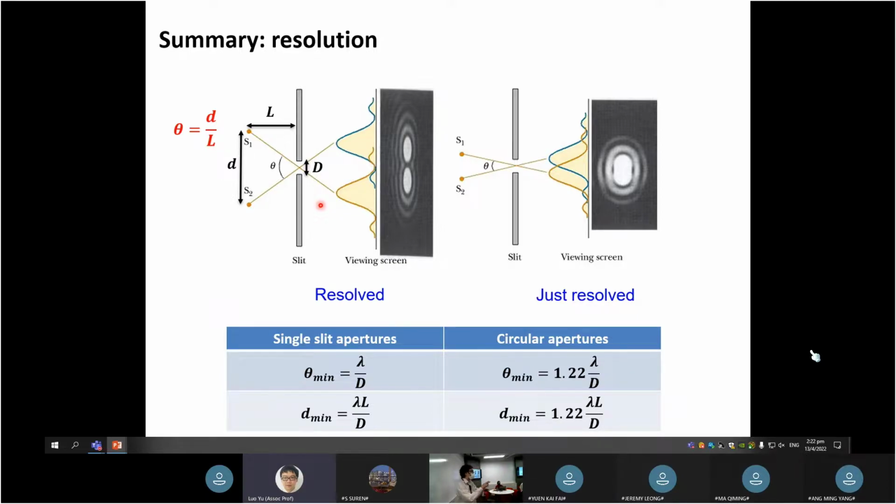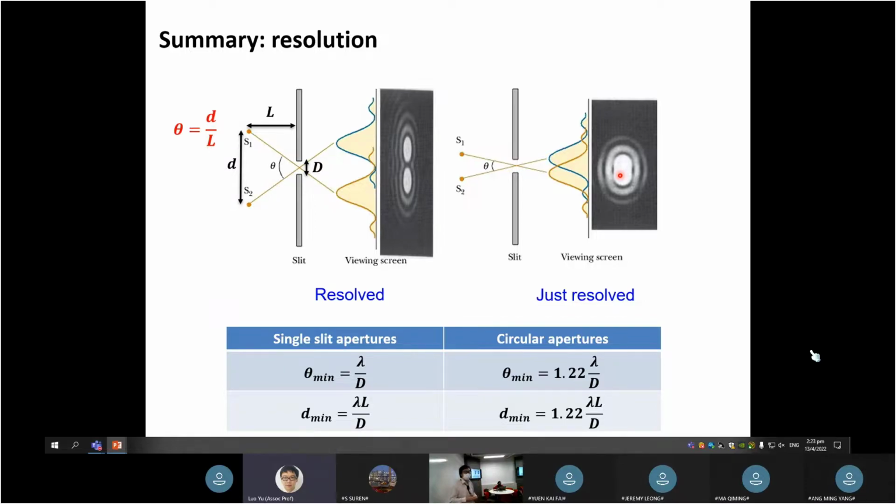So if two objects are very close to each other, the images, which are hot spots, will begin to overlap. Once they overlap, we will not be able to resolve these two objects, these two images. This is why for any optical system we say its resolution is limited by diffraction.